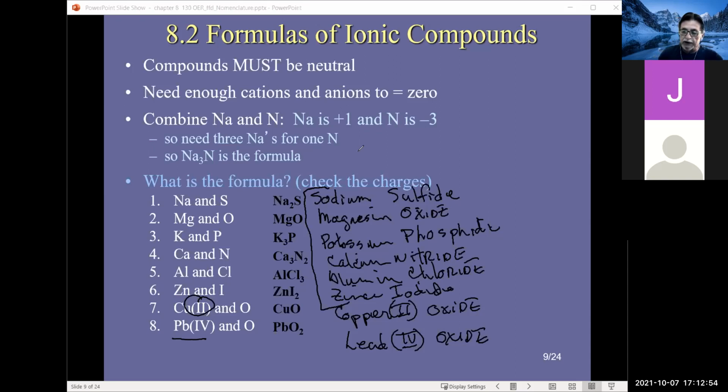Also, you can see how you can start building up your database. Right now, we did sodium and sulfide, but you can very quickly do sodium and oxide, sodium and phosphide, sodium and nitrite, sodium and chloride, sodium and iodide. And we already did the oxide, but you do the same thing with magnesium and sulfide, magnesium phosphide, etc. You do the mix and match, okay?